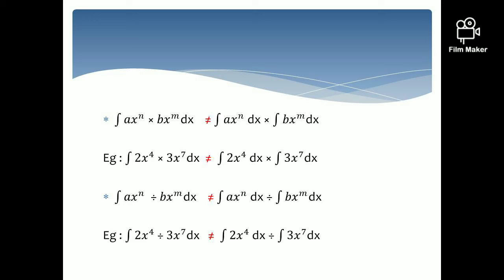For example, if you want to integrate 2x to the power 4 into 3x to the power 7, you cannot write it as integration of 2x to the power 4 into 3x to the power 7. Same concept valid for divisions also. You cannot integrate ax to the power n divided by bx to the power m as ax to the power n divided by integration of bx to the power m. The same example indicates the same concept.